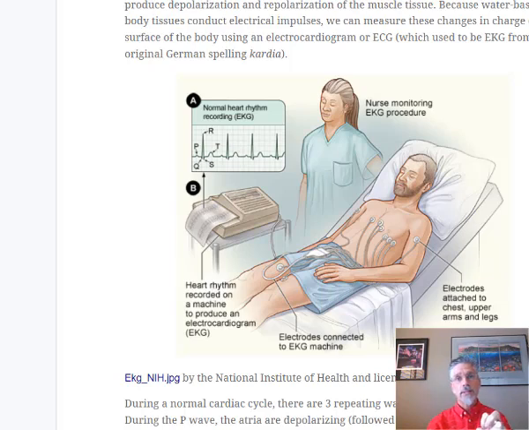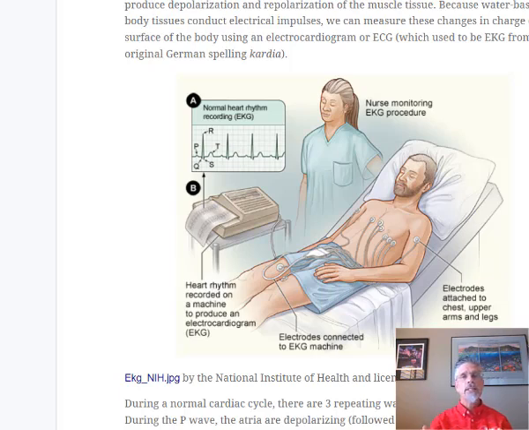So we have the contractile cells, the 99%, the worker cells, and then we have the autorhythmic cells, the 1% that are found along the conduction system of the heart. And they each have some different properties in terms of what they do, and also when we're looking at the electrical activity of them, and we're looking at depolarization and repolarization, etc., they're quite different, okay? But that's when we're looking at the change in membrane potential of an individual cell.